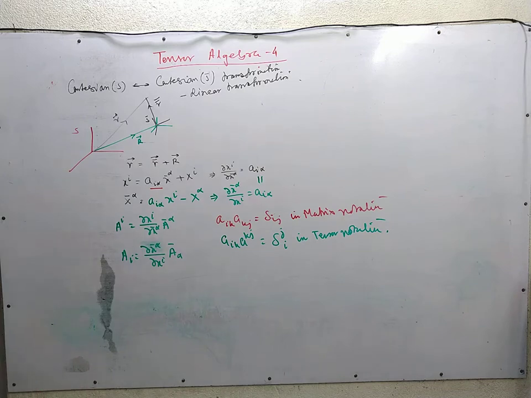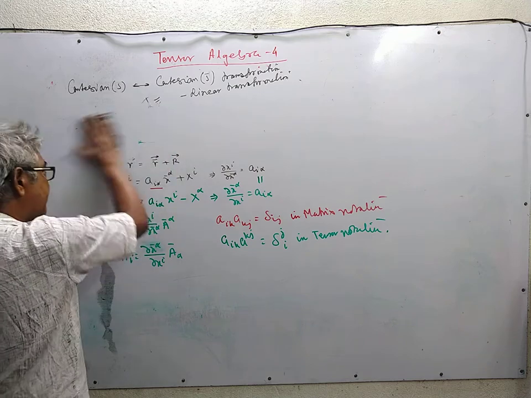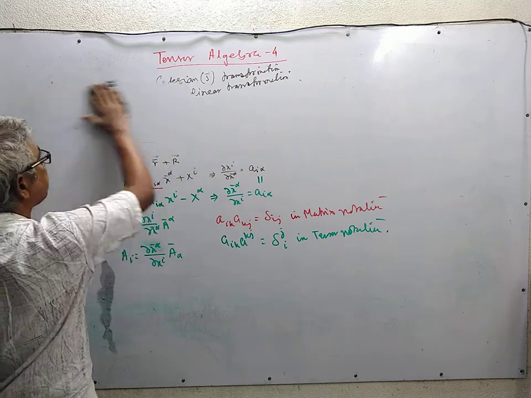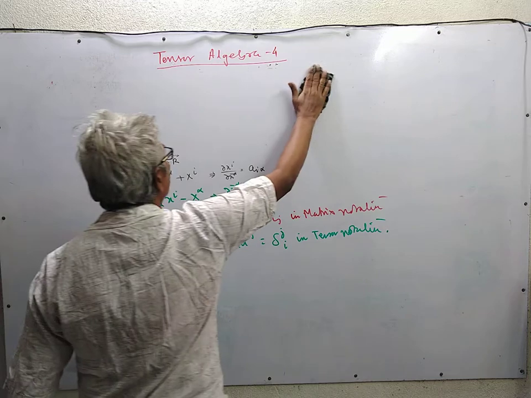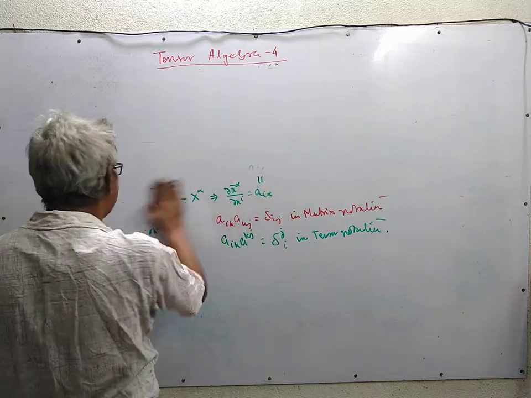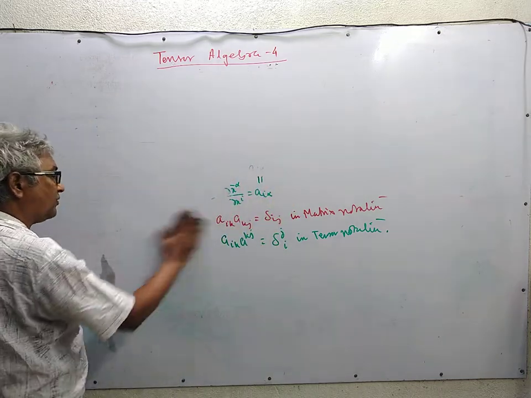Now we shall consider what is meant by the covariant and contravariant components of a vector. Vector A may either be represented in terms of its covariant components or in terms of its contravariant components.